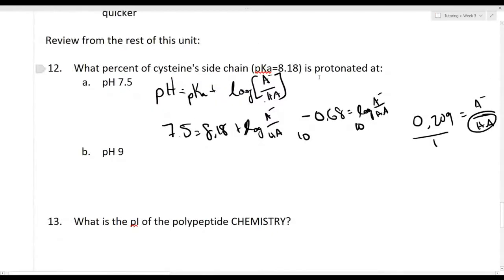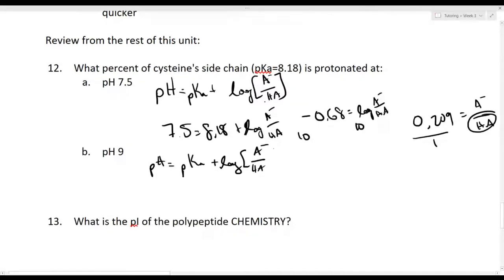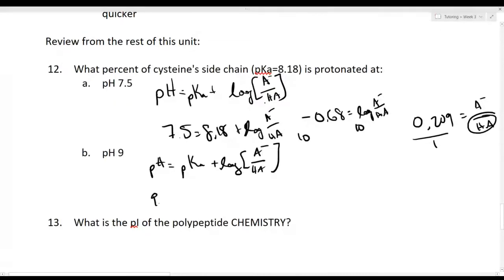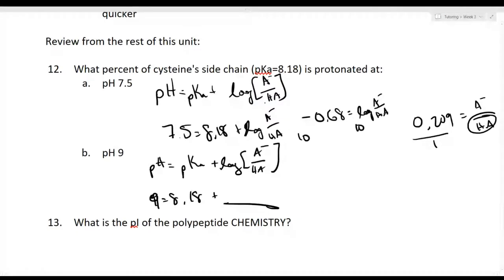Now we're going to do the same thing for a pH of 9. Hopefully this one will be a little bit quicker since we know what we're doing with it. So 8.9 equals 8.18 plus, and I'm just going to do that because I don't want to write it again. So we're going to get 0.82 on the left.